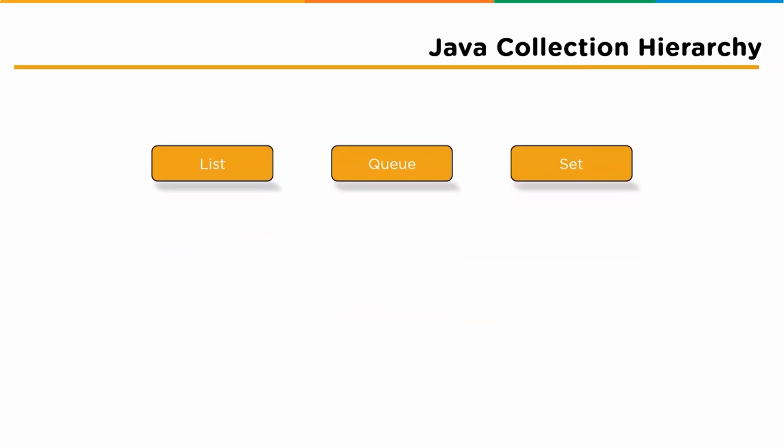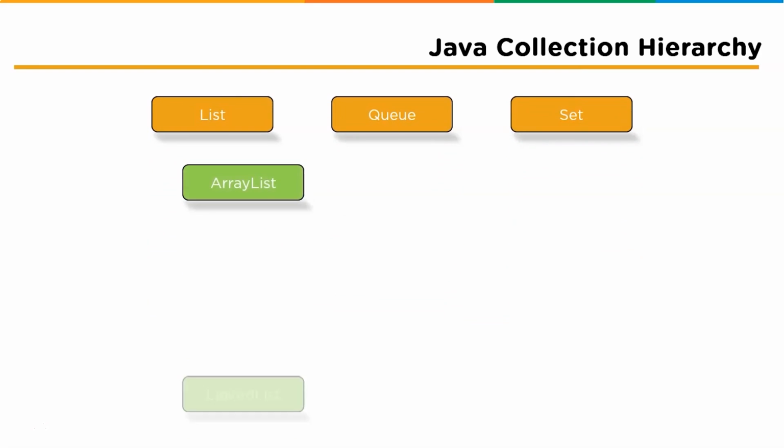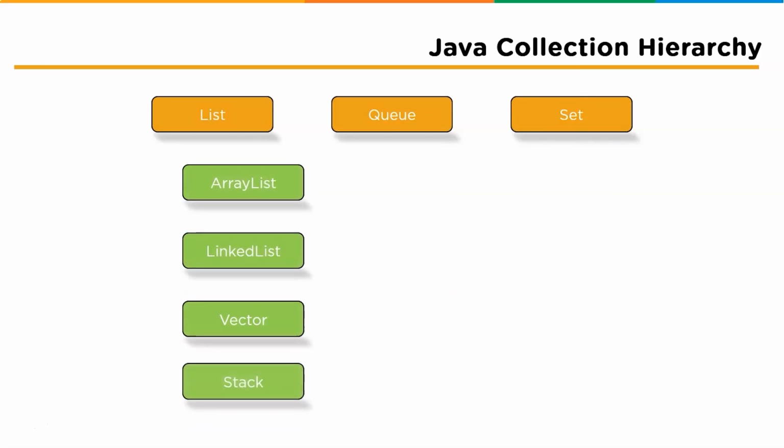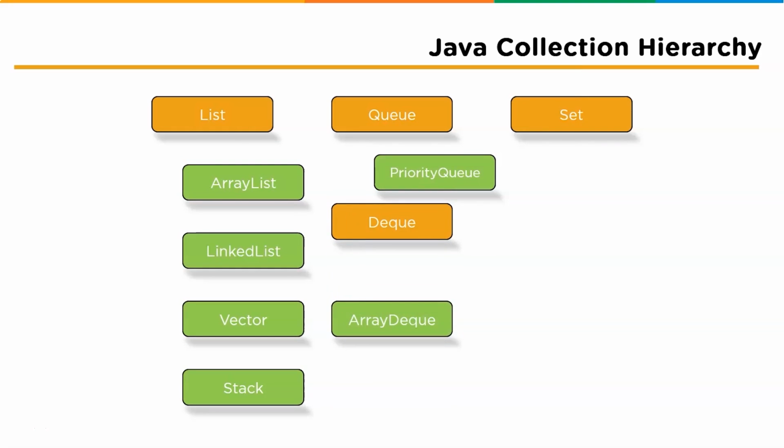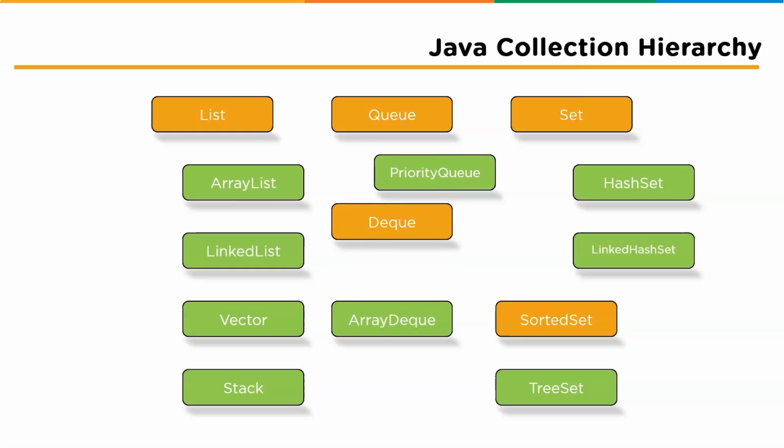And moving ahead, we have the following classes which have implemented the list, queue, and set. In the list, we have ArrayList, LinkedList, Vector, Stack, and on the queue, we have PriorityQueue, Deque, and ArrayDeque. And finally, on the set, we have HashSet, LinkedHashSet, SortedSet, TreeSet, etc.